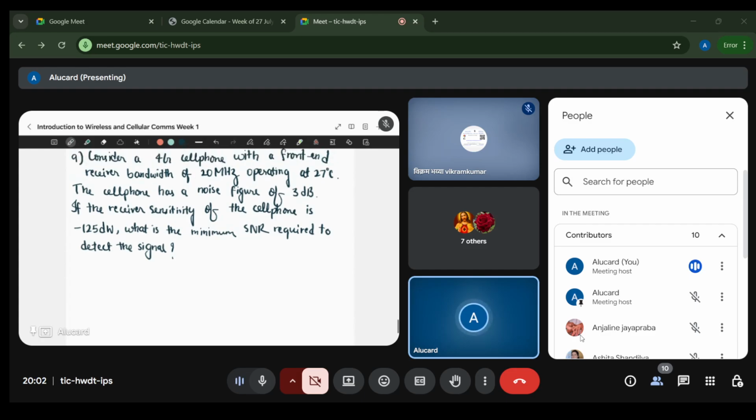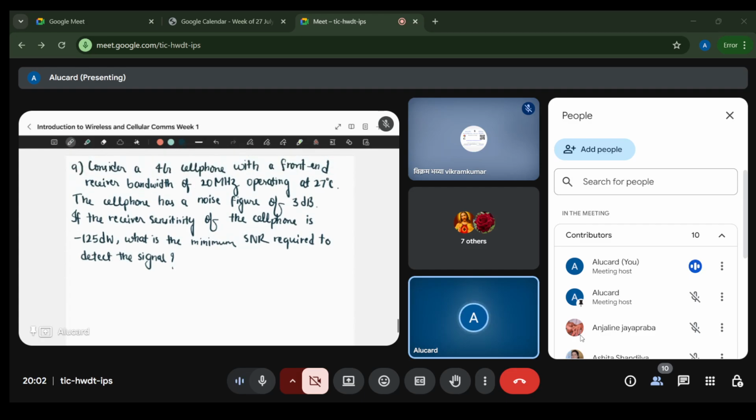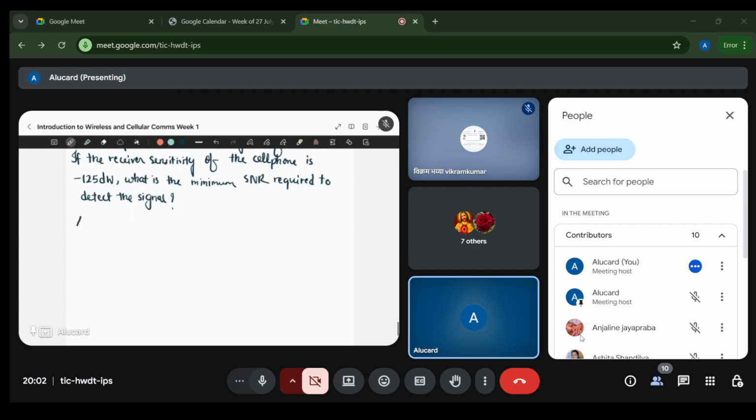So first they have given the temperature and bandwidth. From that we can figure out that we have to take into consideration the thermal noise floor.